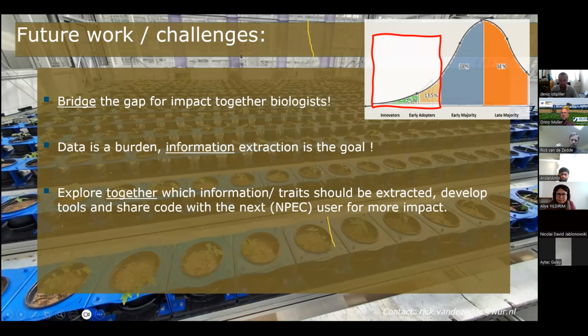Each experiment within our center is doing this. And what I'm promoting is that these tools, these Python notebooks for instance, are updated, and that people that find some cool algorithm to extract some kind of trait are giving it back to the centralized repository. And that the next user, which could be an MPEG user or somebody else, is reusing that code to not have 20 traits, but maybe 25 traits extracted.